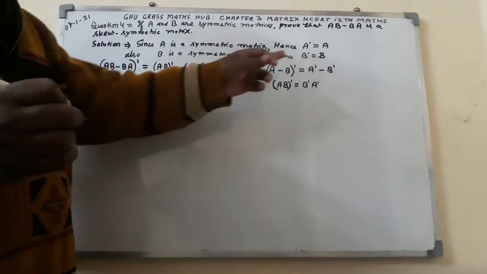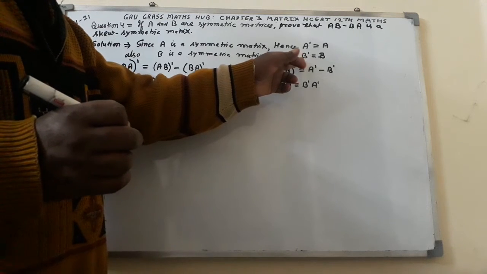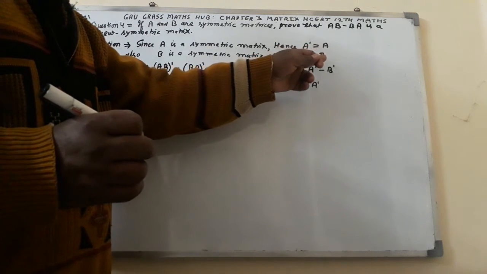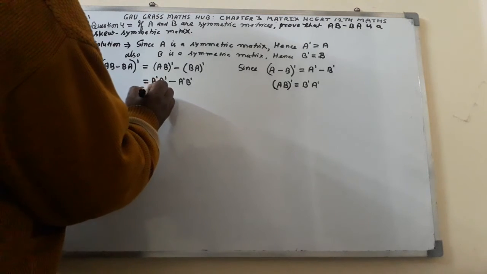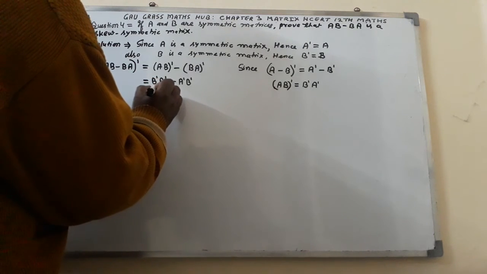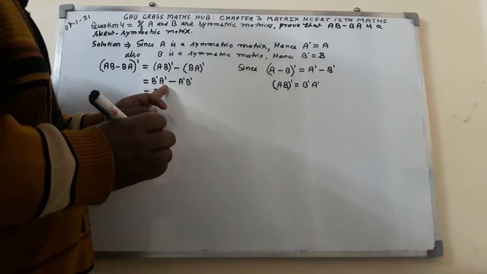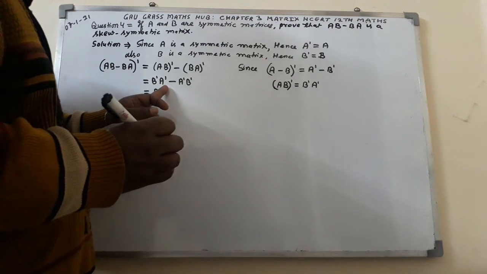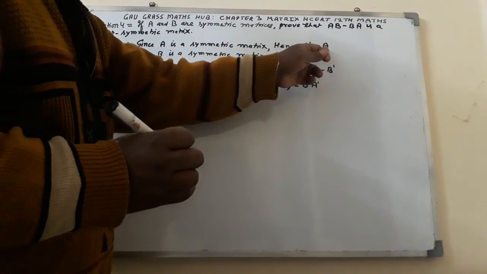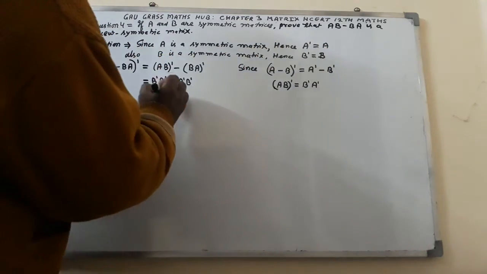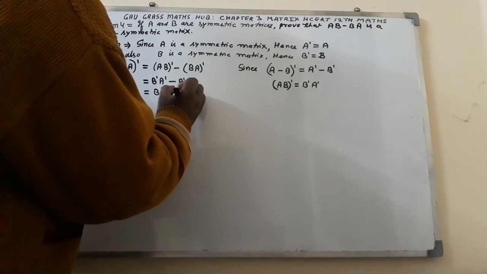Here you can see the transpose of matrix B is equal to matrix B itself. So here you can write equal to B. The transpose of matrix A is equal to matrix A itself. So here write A, minus AB.